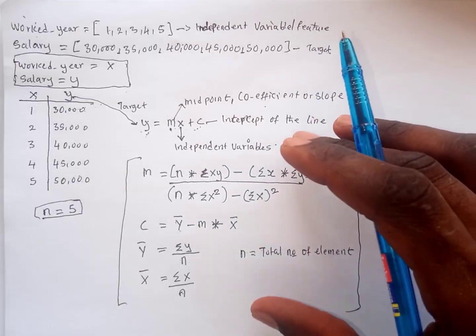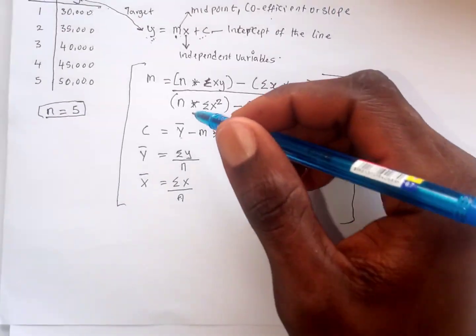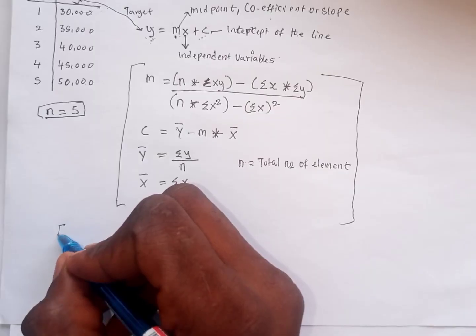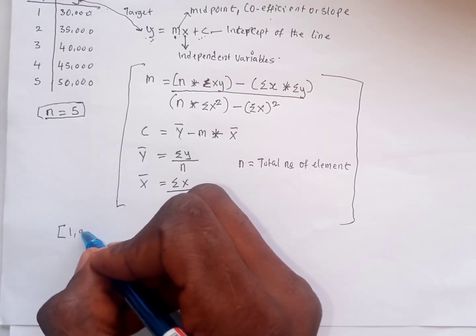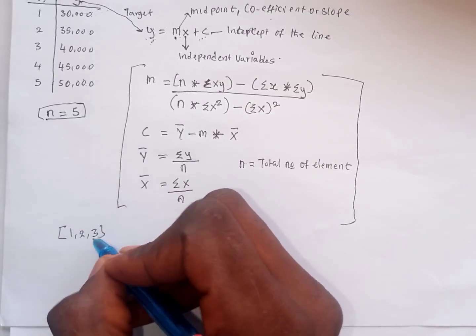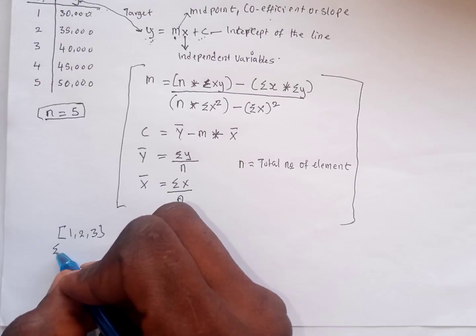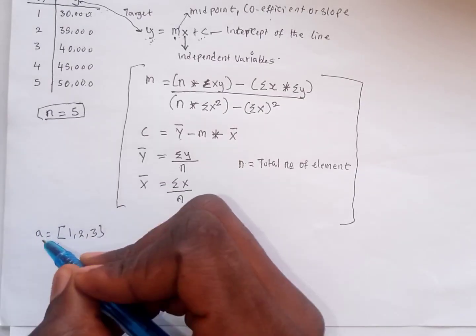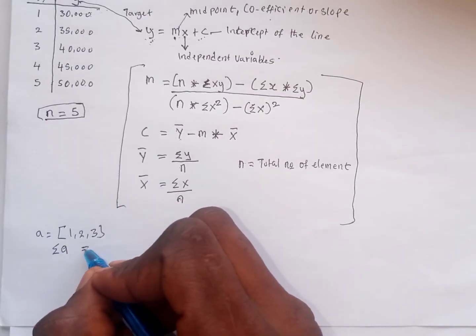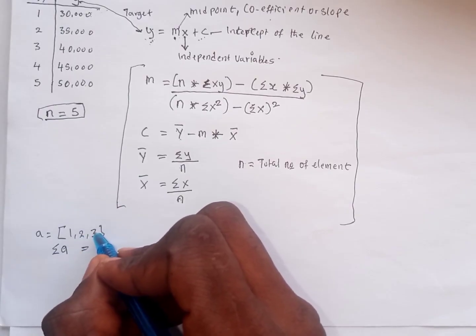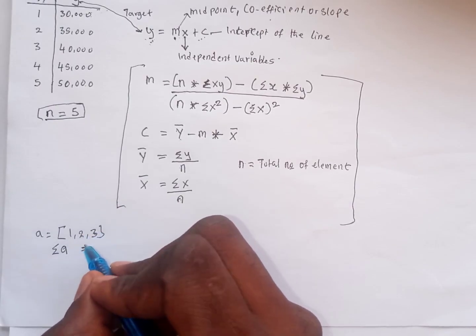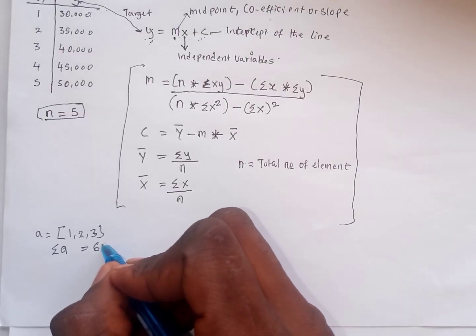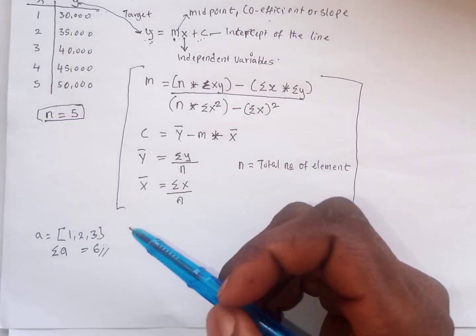Let's say we have something like 1, 2, 3, given as e, and the summation of e is 1 plus 2 plus 3, which is 6. Simple as that. That's what summation is.